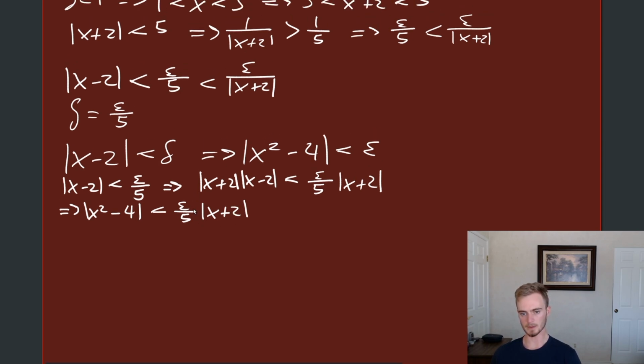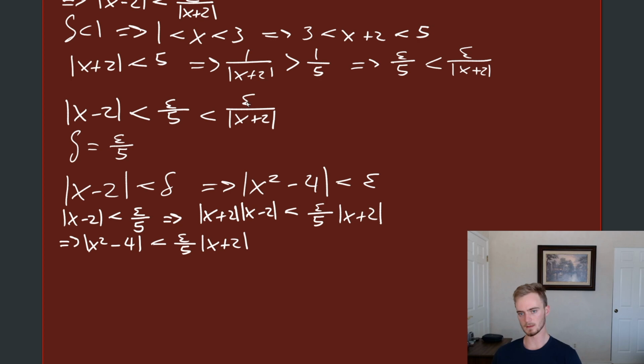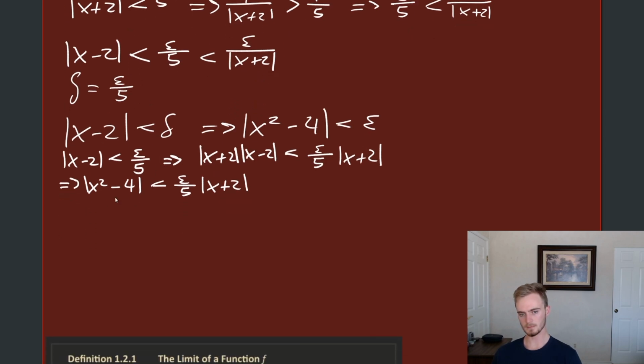Next thing we want to notice is going back to our definition here. When we assumed that x would be between 1 and 3, we saw that epsilon over 5 was guaranteed to be less than epsilon over the absolute value of x plus 2. What this means is that we can say this inequality is extended to be less than epsilon over the absolute value of x plus 2, right?